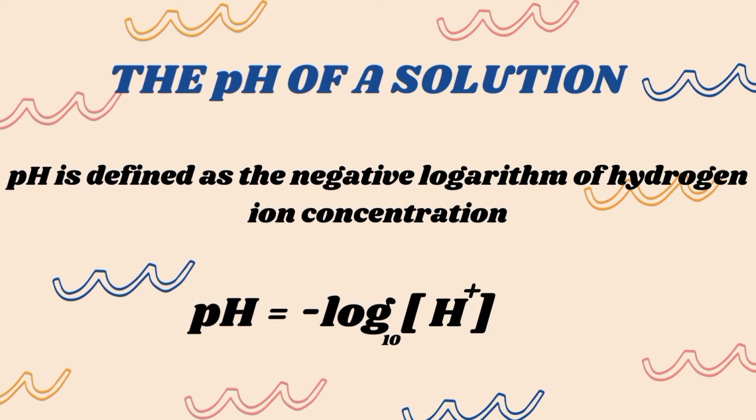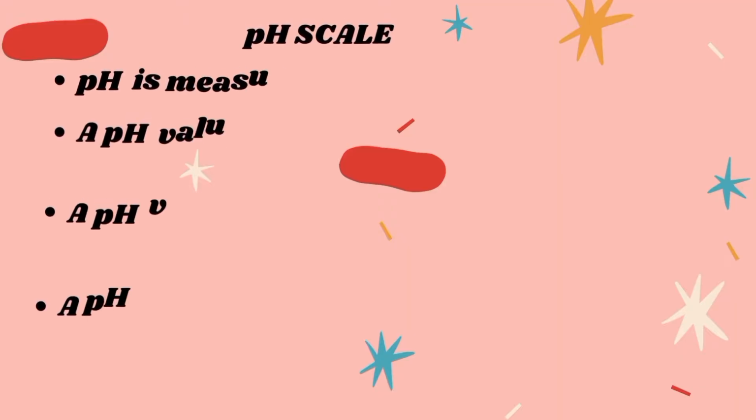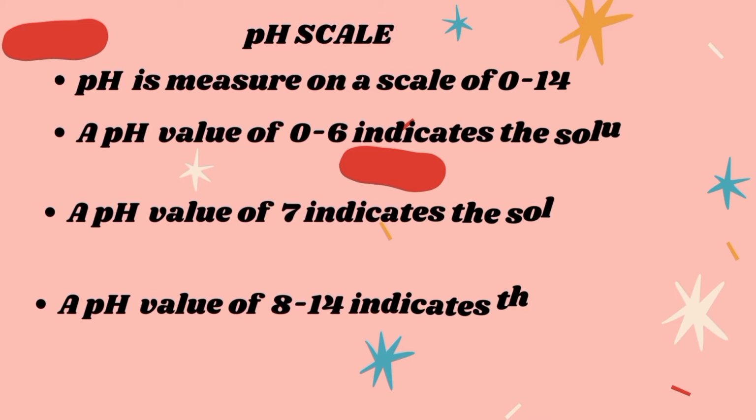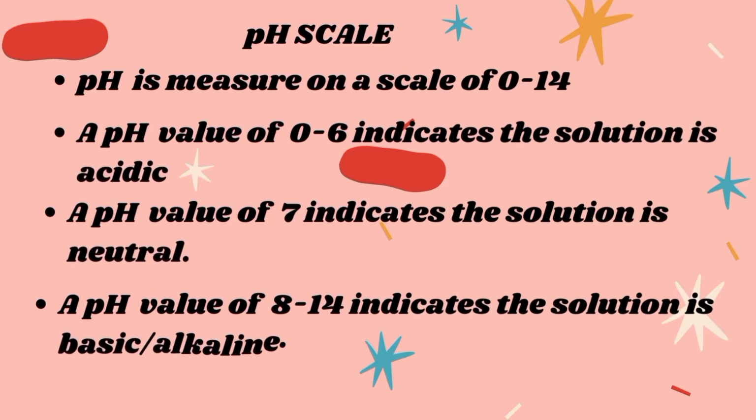Before we solve questions involving pH of a solution, we'll be looking at the pH scale. So what is a pH scale? The pH scale is used to measure the acidity and alkalinity of a solution. It is measured on a scale of 0 to 14.